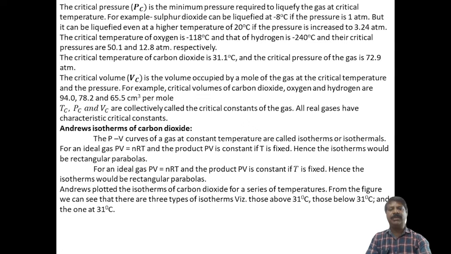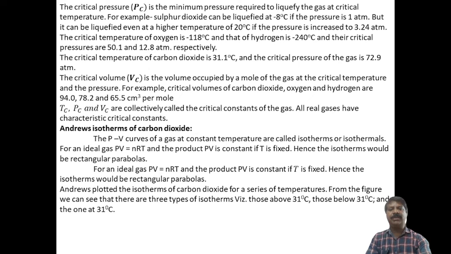Then there is also the critical volume. The critical volume is the volume occupied by 1 mole of gas at critical temperature and pressure. They may ask, very importantly, what is meant by critical temperature, critical pressure and critical volume.